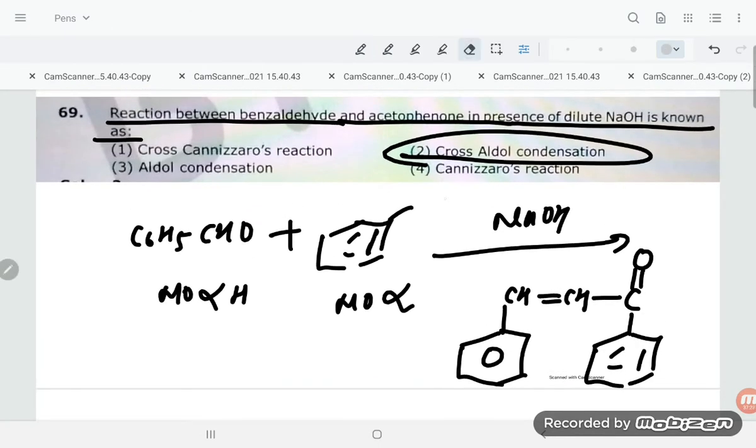I wrote the formula wrong for acetophenone: here it is C double bond O CH3, this is acetophenone. So this compound will form by cross aldol condensation, where different carbonyl compounds treated with the base NaOH give the cross aldol condensation product.